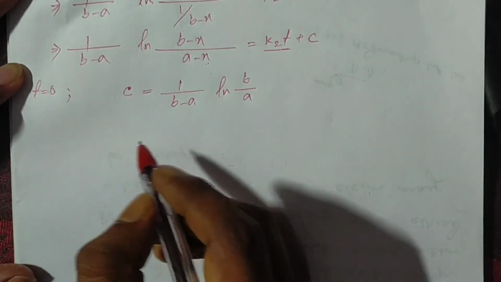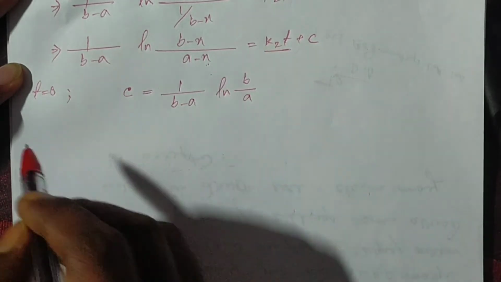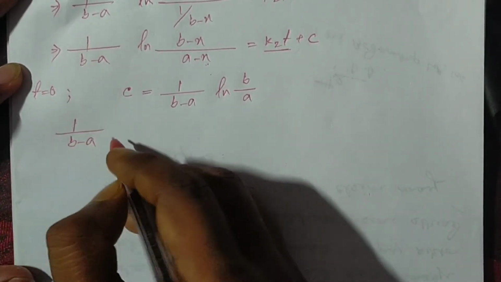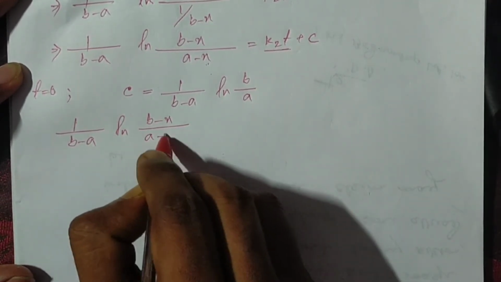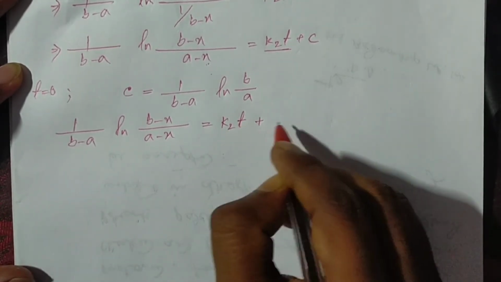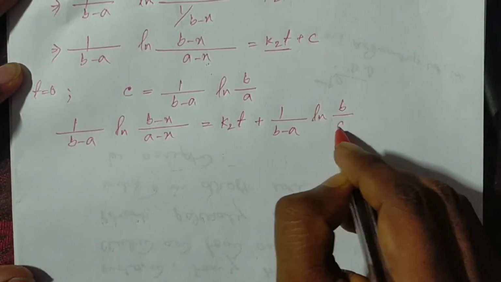Okay, so when we put this c value in this equation, we will get 1 by (b minus a) ln (b minus x) by (a minus x) is equal to k2t plus 1 by (b minus a) ln b by a.